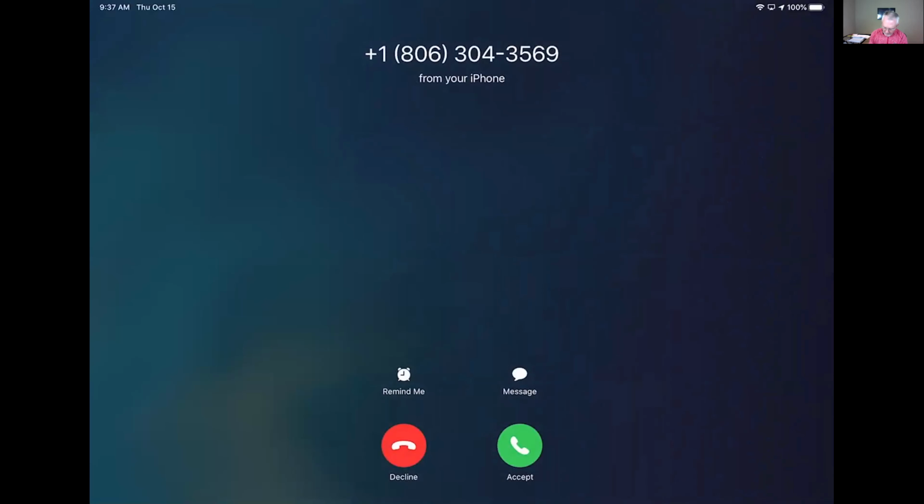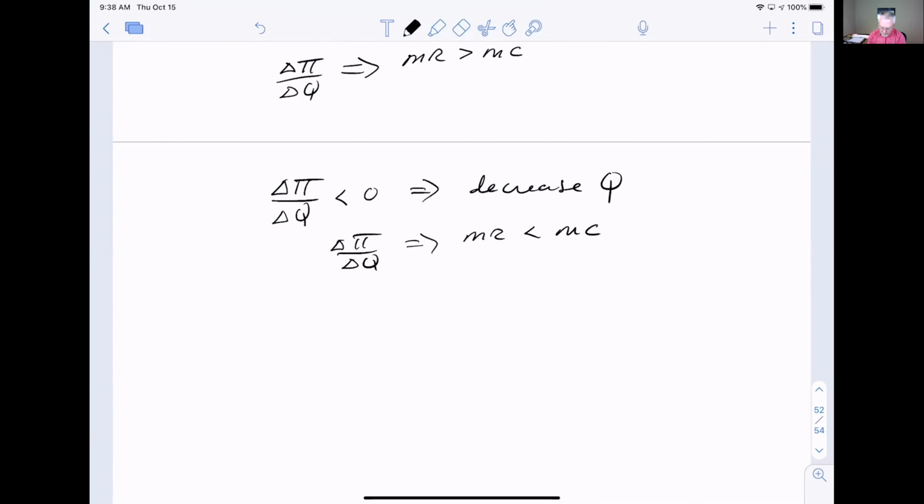The only option that's left is the possibility that marginal profit is equal to 0. And so when marginal profit is equal to 0, I must be at a maximum. Right? So if marginal profit was positive, I would be increasing output.